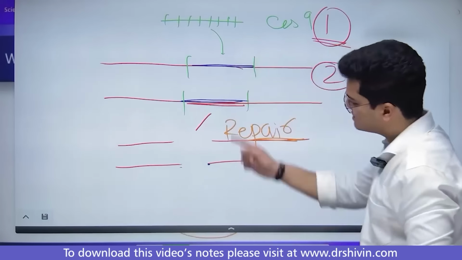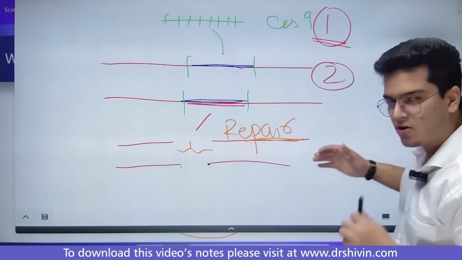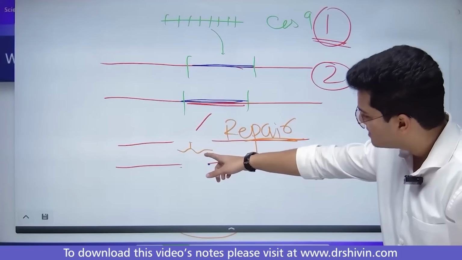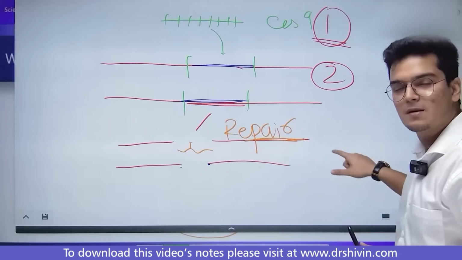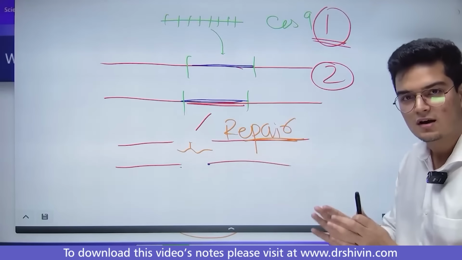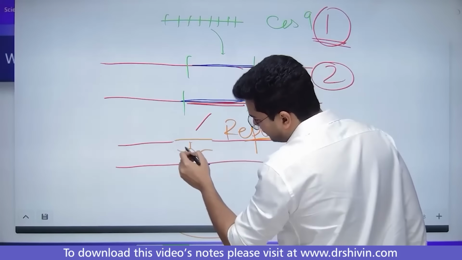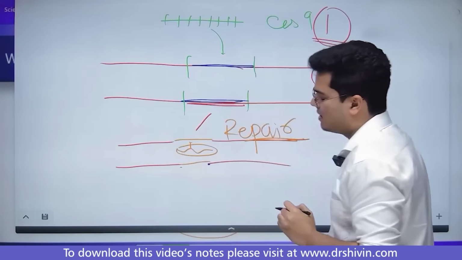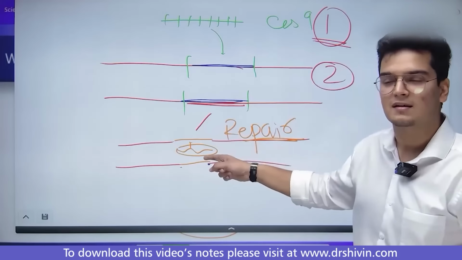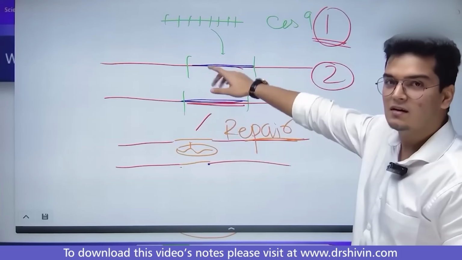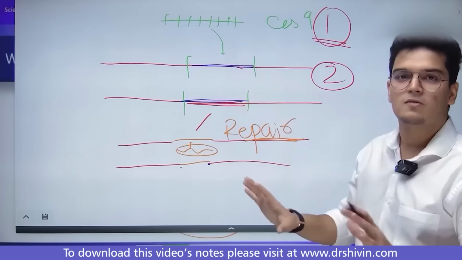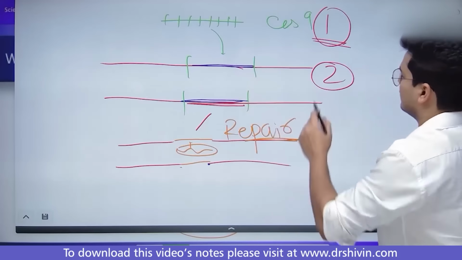This template has been taken from some other part of my own DNA. It is not a foreign gene. Then I ask the cell, okay, now look at this repair template and make the repair. If it looks at the repair template, it will make a repair, and then the original bad gene will not be there. So this is the second option with Cas9.